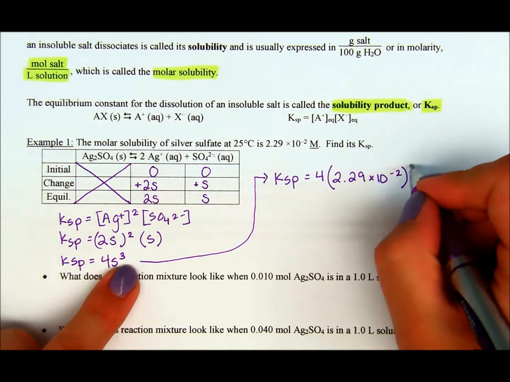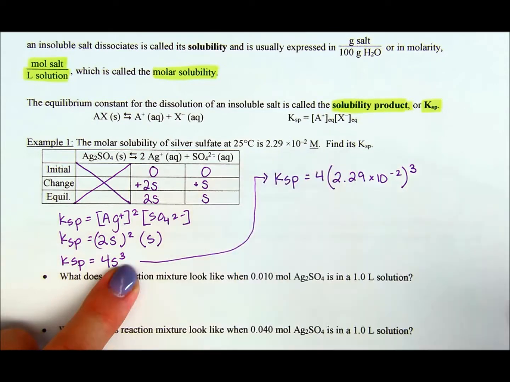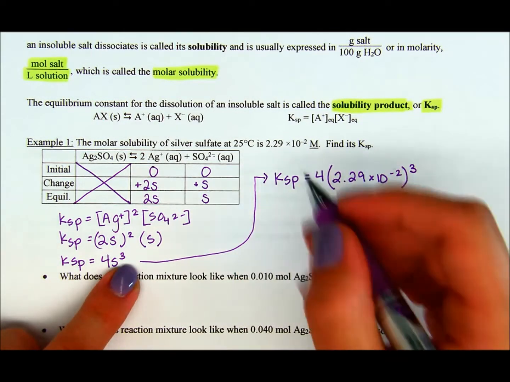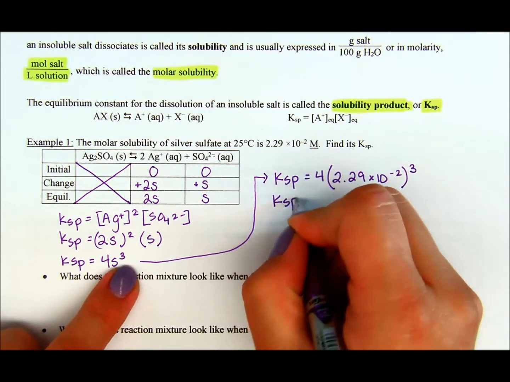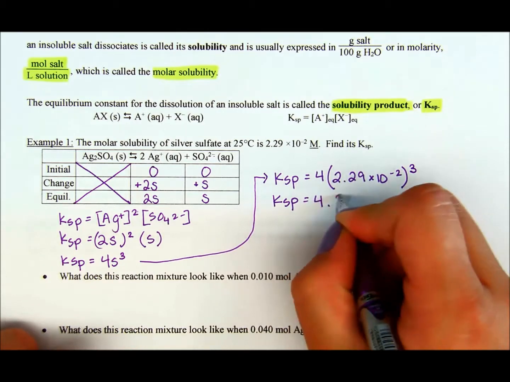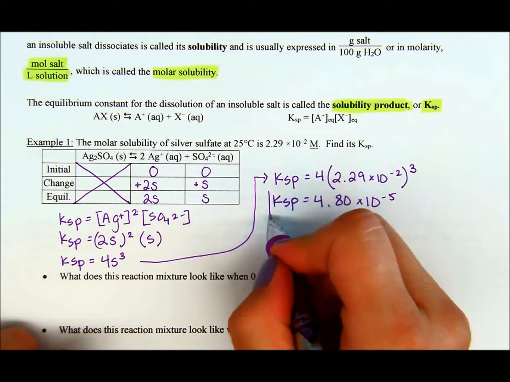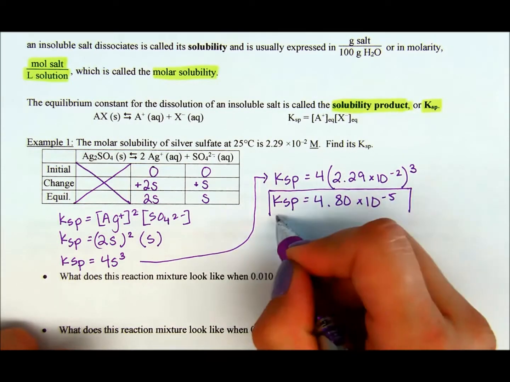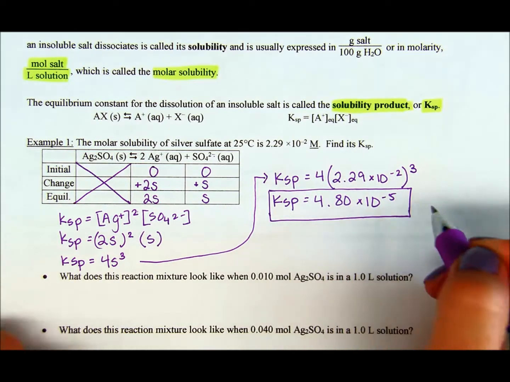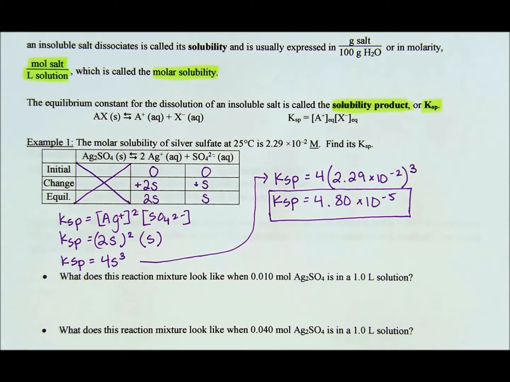We're just carrying that here. Plugging this into your calculator, you should get KSP equals 4.80 times 10 to the negative 5. That is your KSP. That's how you would solve that kind of problem. So that's numerically what that looks like.